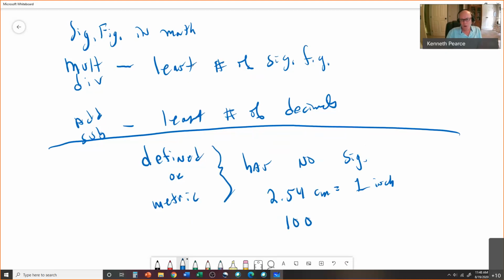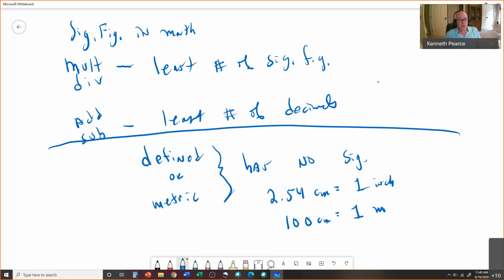Metric would be like 100 centimeters equals 1 meter. The 100 centimeters doesn't count for sig figs. Generally the only things that are going to matter for sig figs are your measured numbers. And you may only have one measured number in a calculation. You may have two measured numbers and one defined, and you have to go by the least number of whatever you have. So that's what you have to do.